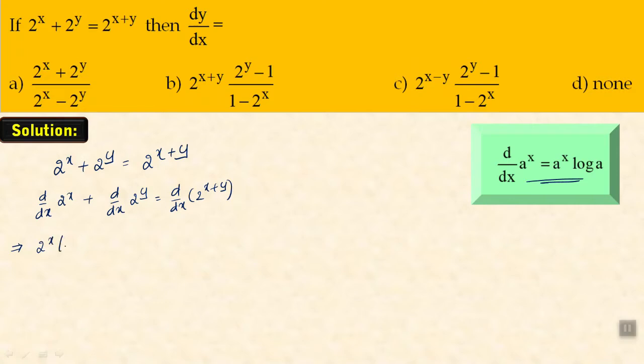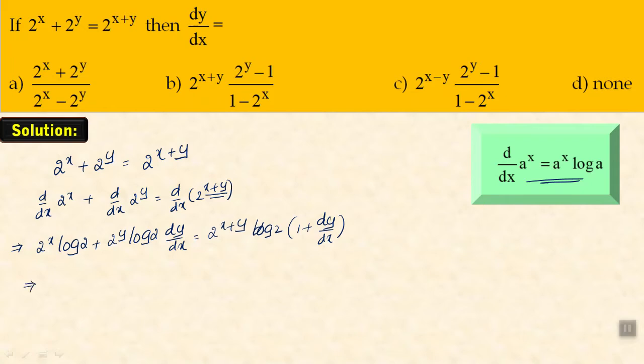Here 2 power x into log 2, plus d by dx of 2 power y, 2 power y into log 2 into dy by dx, is equals to d by dx of 2 power x plus y, 2 power x plus y into log 2 into d by dx of x plus y, that is d by dx of x is 1 plus d by dx of y is dy by dx.